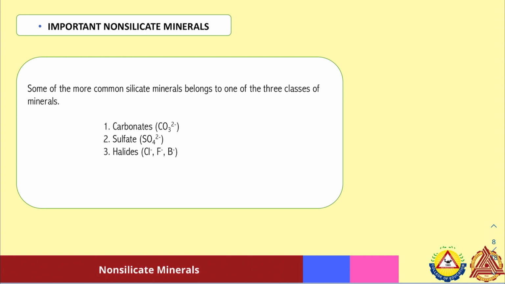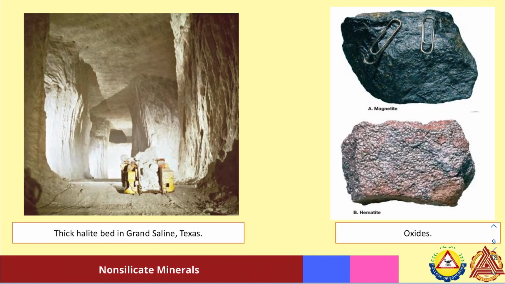Halides are part of your halogens, since they form compounds. For example, among the non-silicate minerals, we have the thick halite bed in Grand Saline, Texas. It is ground up into our salt, and even the salt from the Himalayan mountains.